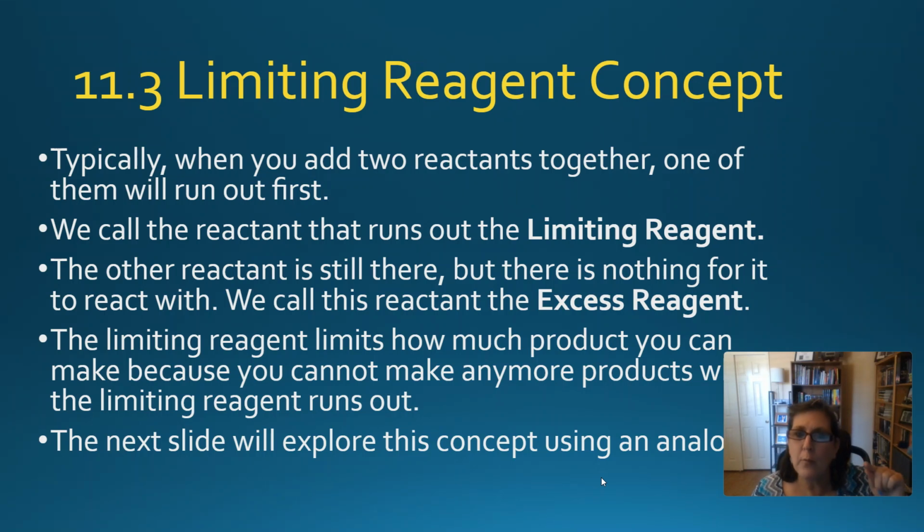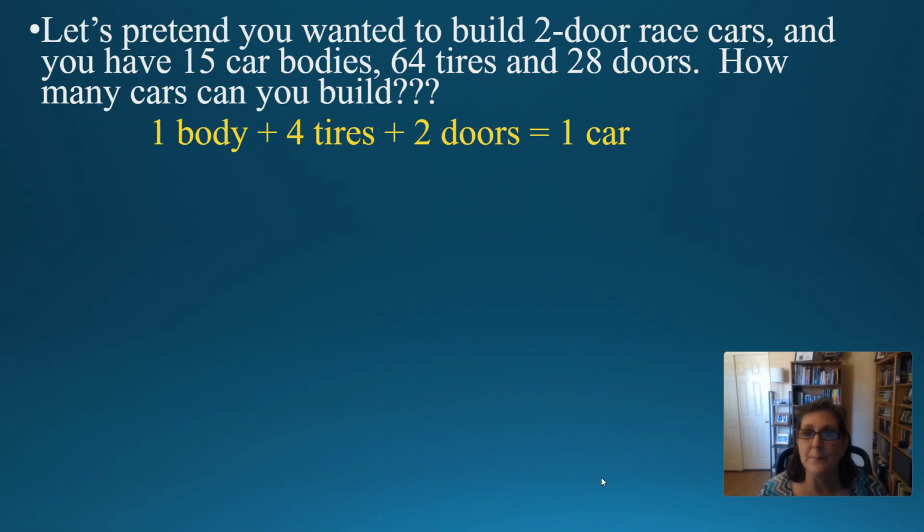We call that reactant the excess reagent because it's still there, it's in excess. The limiting reagent limits how much product you can make because you can't make any more products once you run out of it. So let's explore this using an analogy.